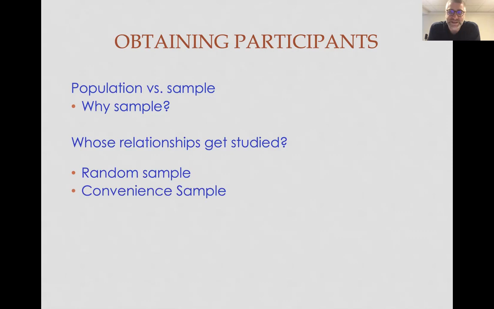A convenient sample is kind of on the other end of the spectrum. A convenient sample is selecting a sample of a group of people who are merely convenient to you, or are convenient in some way. So those of you who have taken part in SONA research through the Department of Communications SONA pool, you probably have identified already that that is a convenient sample.